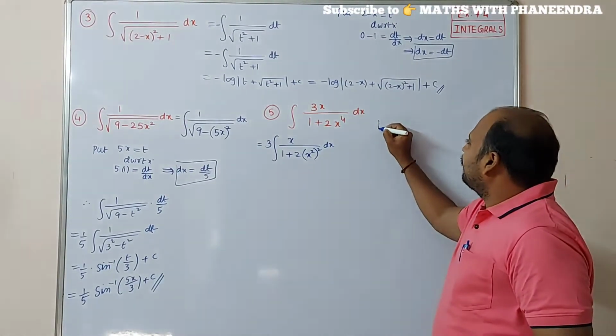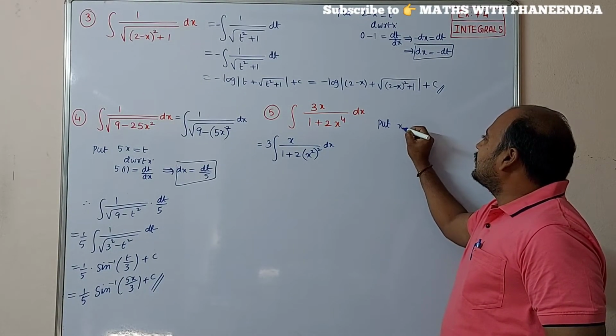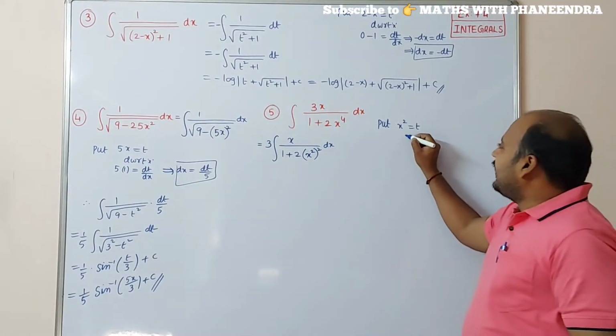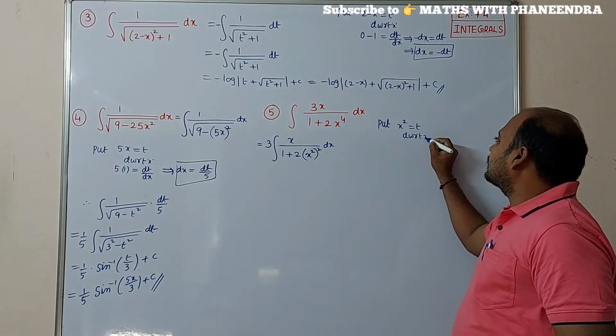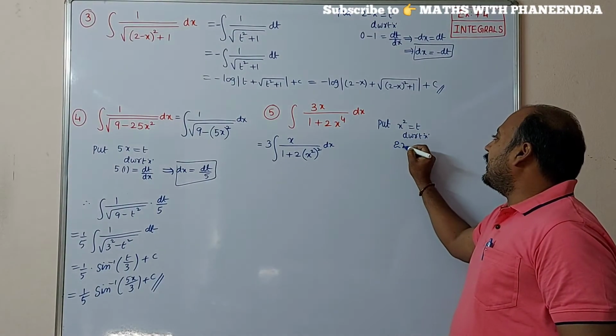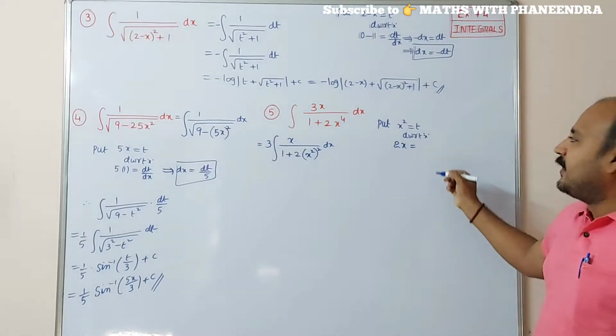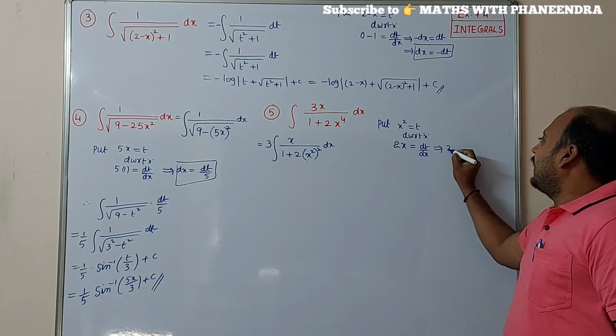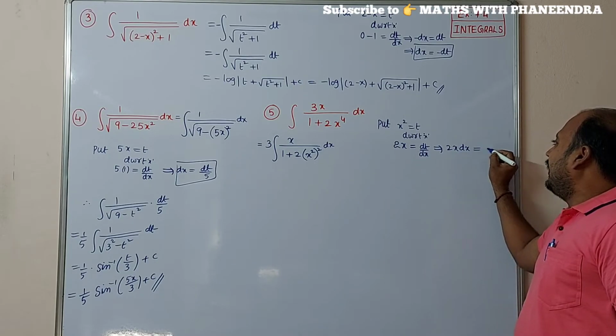After that, put x square is equal to t. Differentiate with respect to x. So x square derivative is 2x, t derivative with respect to x, dt by dx. So cross multiplying, 2x dx is equal to dt.